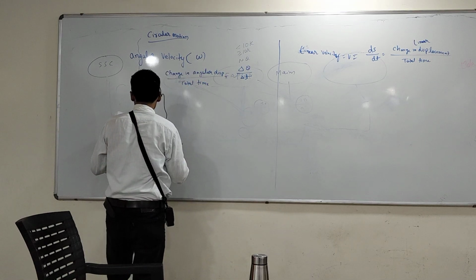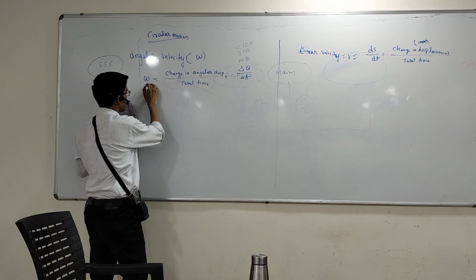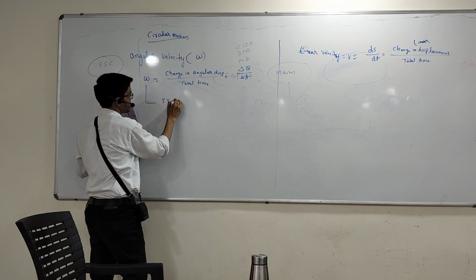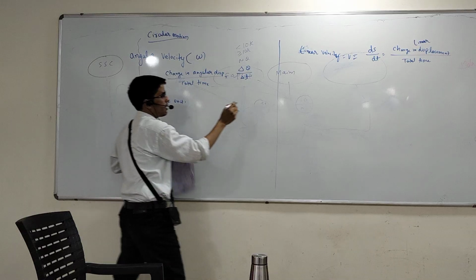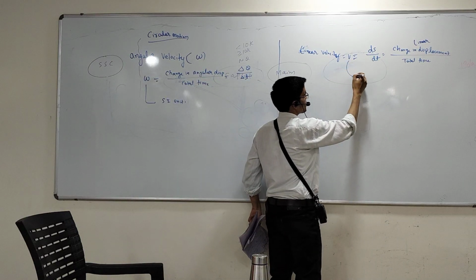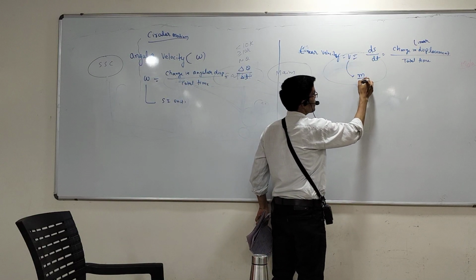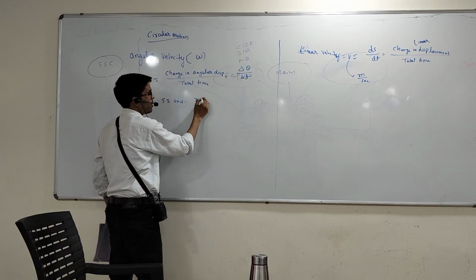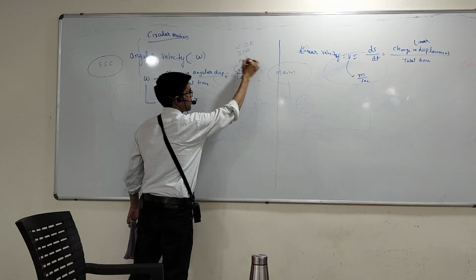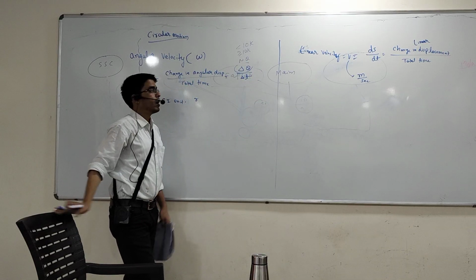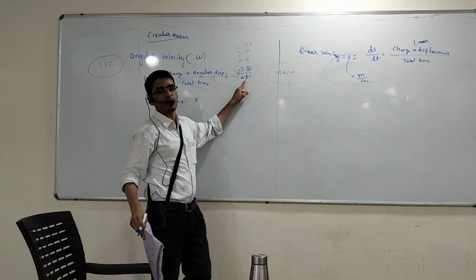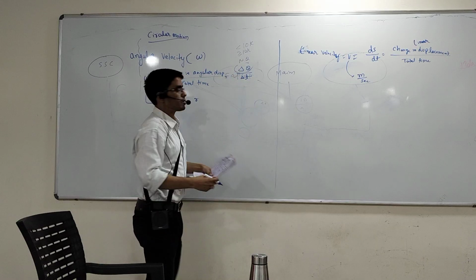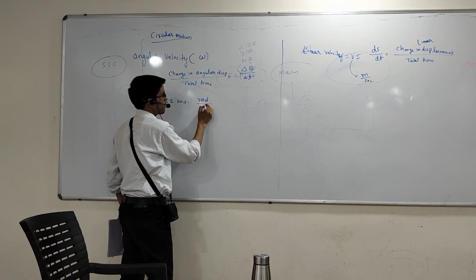Next, what is the SI unit of this omega? The unit of linear velocity is meter per second. What is the unit of theta? Radian. And t is in seconds. So the SI unit of omega is radian per second.